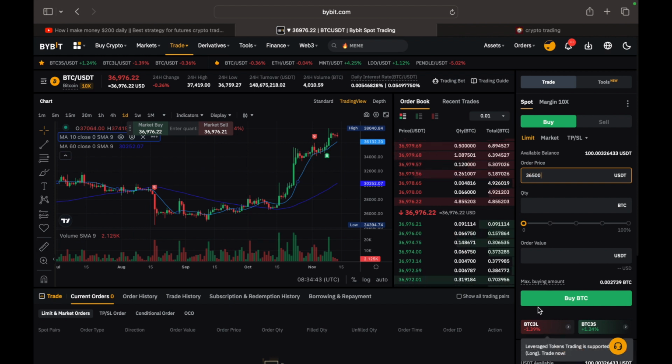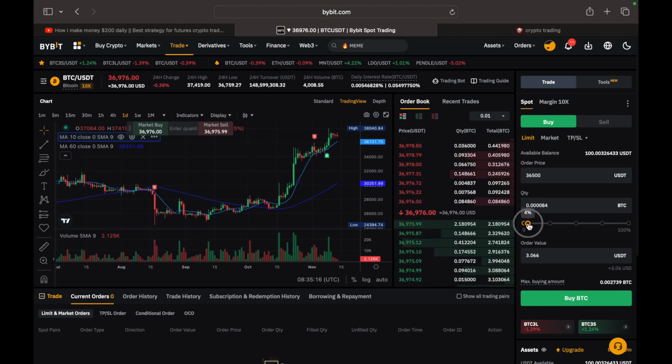If the price of Bitcoin hits 36,500, my order will be executed, because right now the current price of Bitcoin is 36,969. This is the reason why I use a limit order, because I'm waiting for the price of Bitcoin to hit 36,500 so that my order will be executed instead of buying right now.